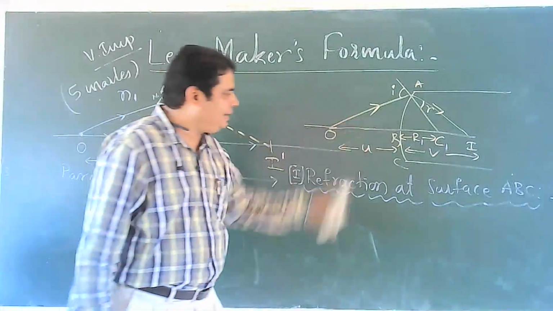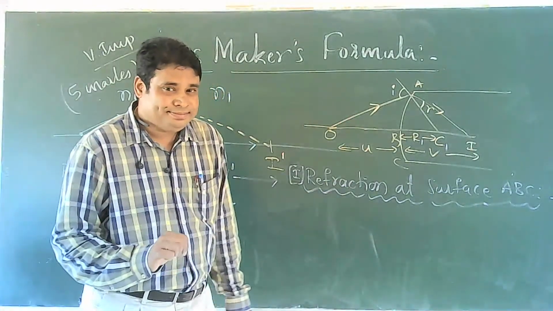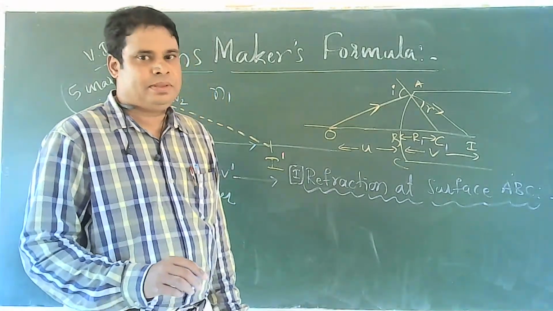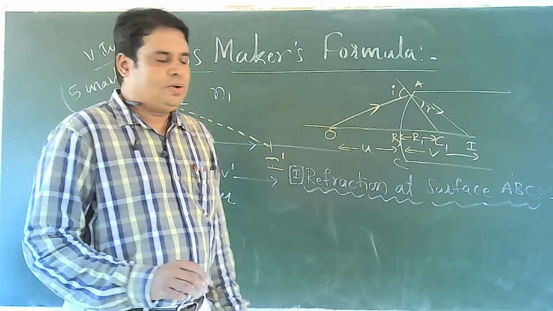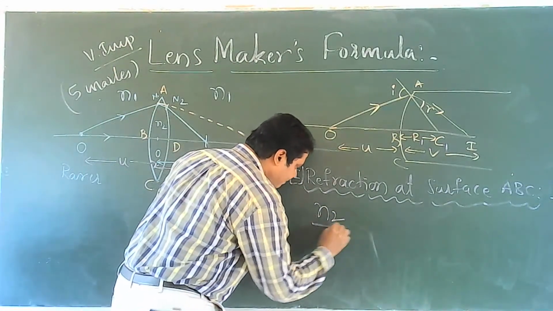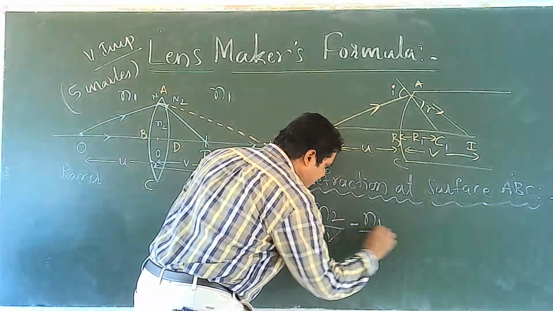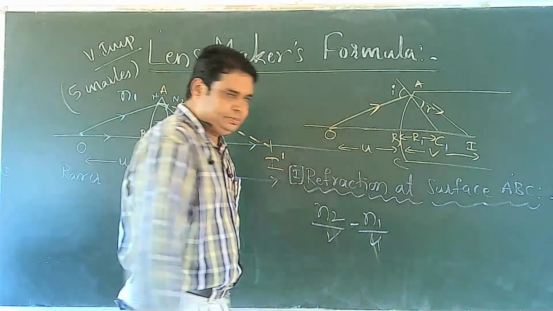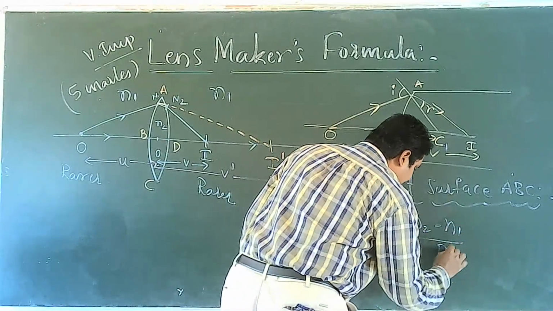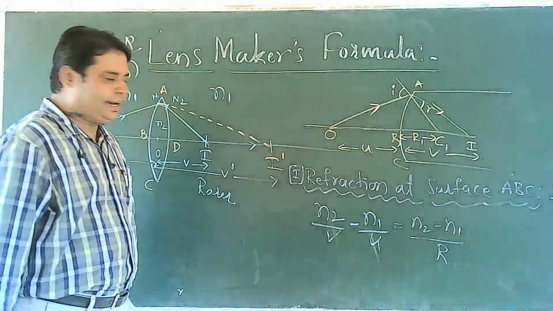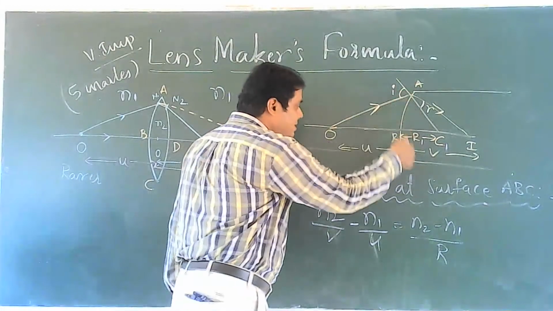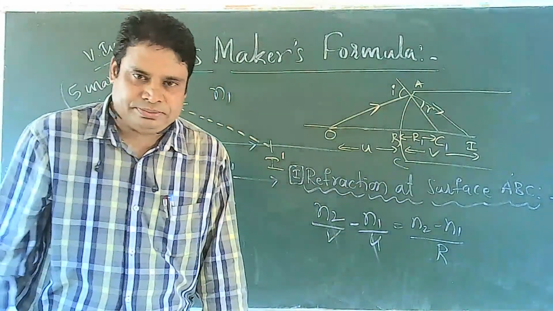For surface ABC, see here what is your formula for refraction at curved surface. Formula for curved surface is n2 by v minus n1 by u, which is equal to n2 minus n1 by R. This is standard formula, right? Okay. Now, for ABC, let us modify this equation.